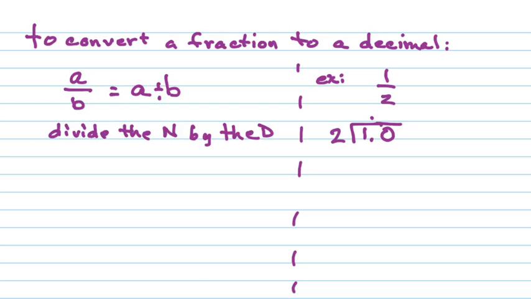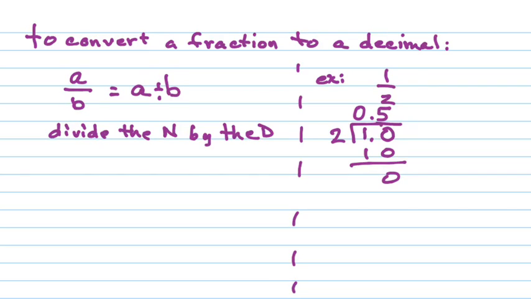We can extend it as far as we want to, as long as we put that decimal point in there. So 2 goes into 1, it doesn't. But 2 goes into 10 five times. And 5 times 2 is 10. And 10 minus 10 is 0. When you're doing long division, you just go until you get a 0.